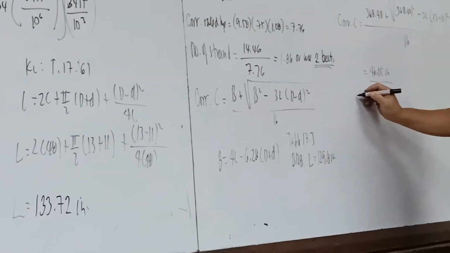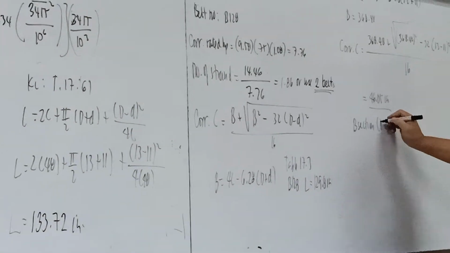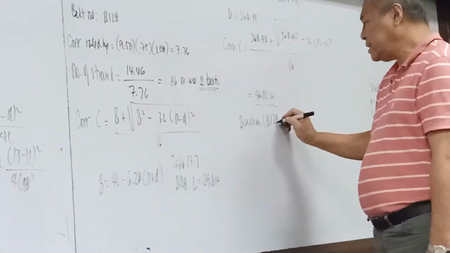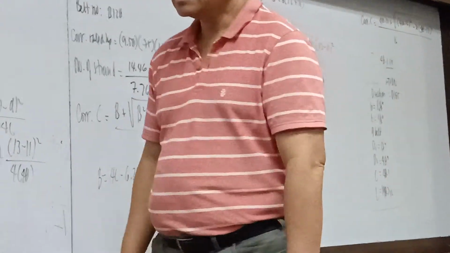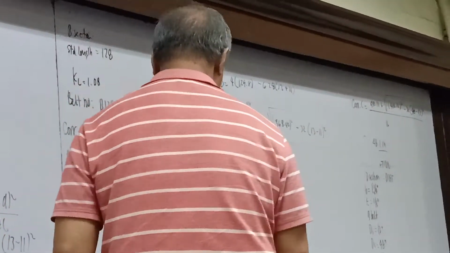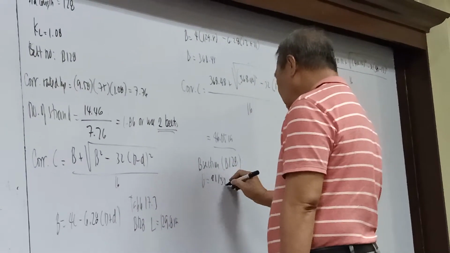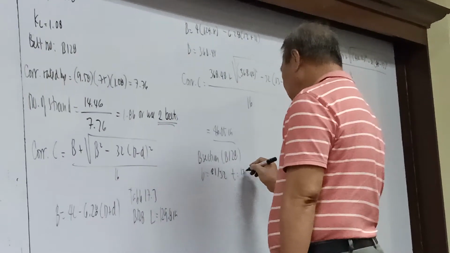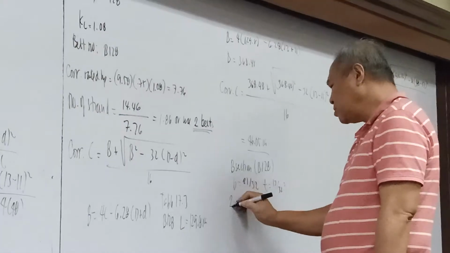Okay? So, ang specs natin, B section, B128. Thickness is what? 13 all over 32. Okay, 2 belts.